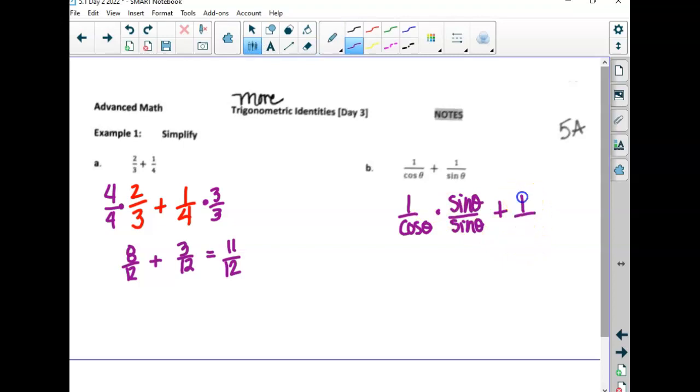Cosine over cosine. Now, everybody's okay that the denominator cosine times sine is the same no matter what order we multiply it in, right? Okay, so what do we end up with on top?